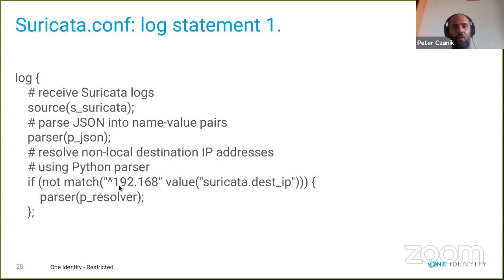This is a simple filter on an IP field. So if it doesn't match 122.168, then we consider it as external, and we use the Python resolver.